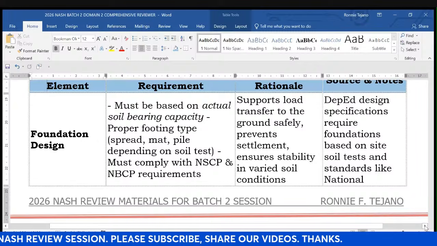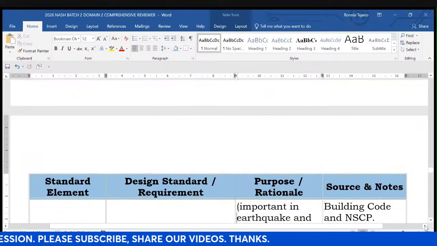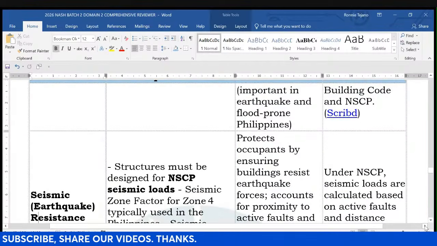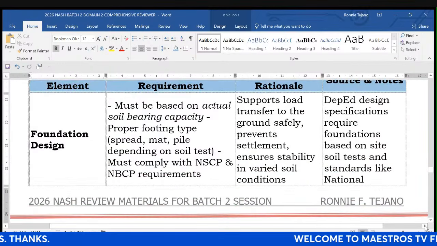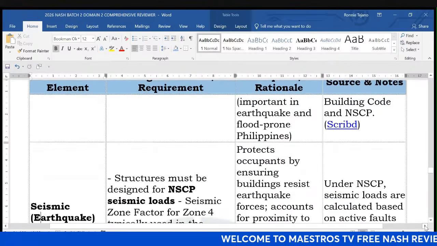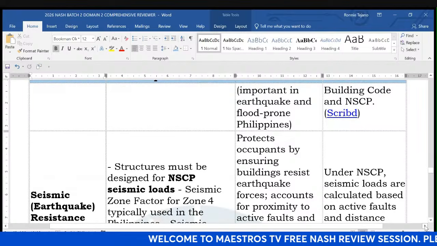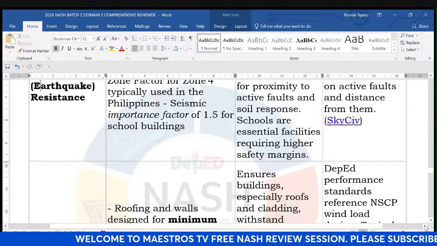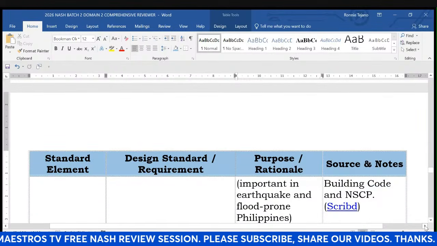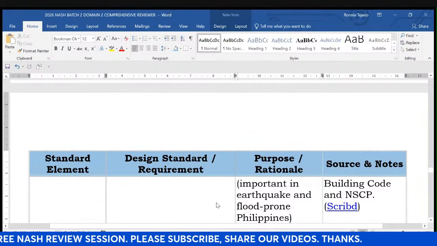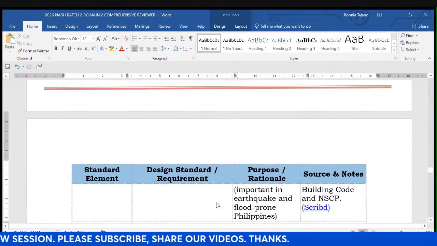Baka makapagsalita ako ng mali na term. Ayun ang NSB. Saan na? Seismic resistance, no? Ang gulo kapag pumupunta sa taas.